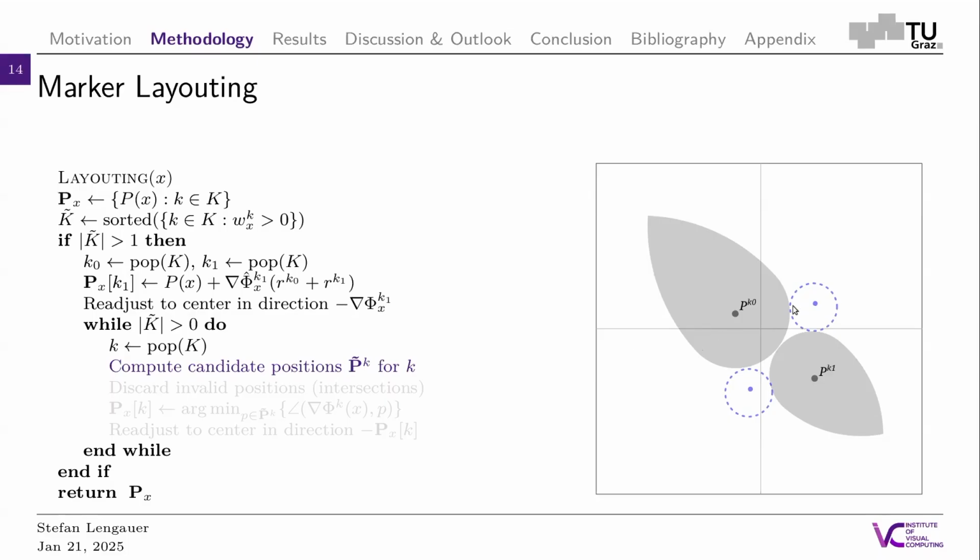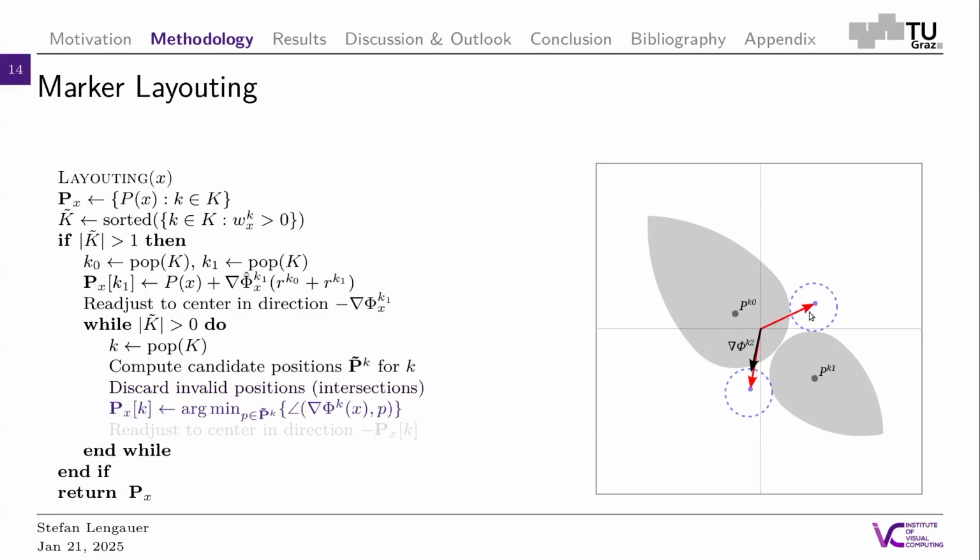In this case, this would be those two bluish circles. And from this set, we discard positions which are invalid because they're intersecting with existing droplets. And right now, there are no intersections, so both positions are valid, but could be otherwise.